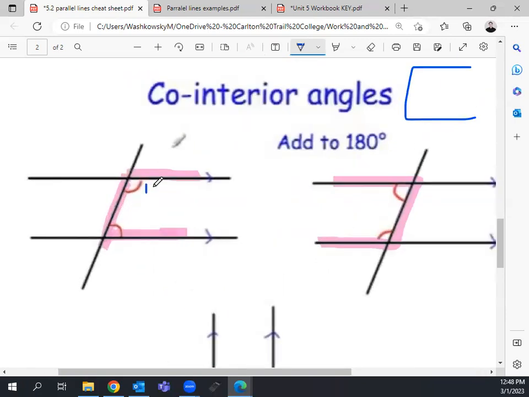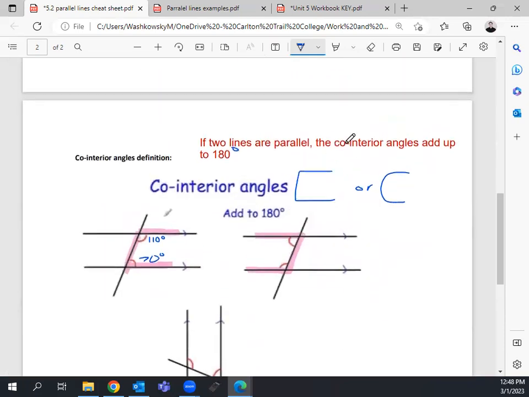So if this one right here is 110 degrees, this one here is going to be 70.